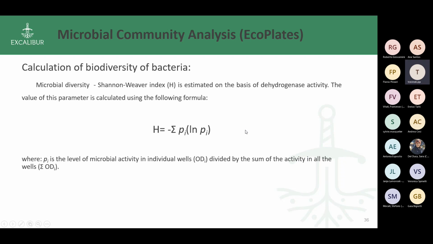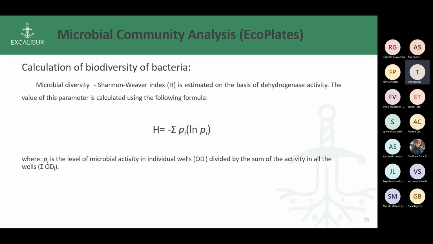Calculation of biodiversity is a little bit more complicated, but also easy. The index will differ, but everywhere you will need to calculate the optical density of each individual well, and with this result you can calculate the Pi index, and with this Pi index you can calculate the Shannon-Weaver index.